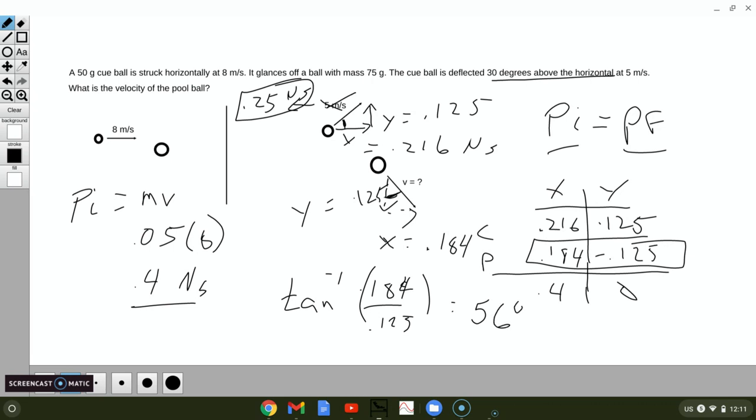So we know that angle is 56 degrees now. But we still don't know the velocity, and that's what they're really asking for.